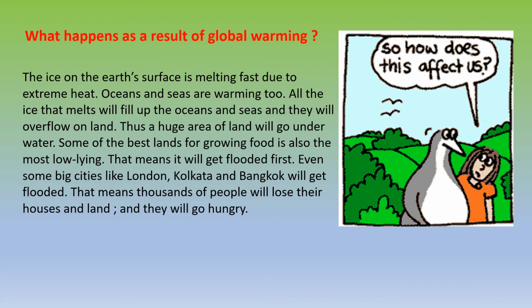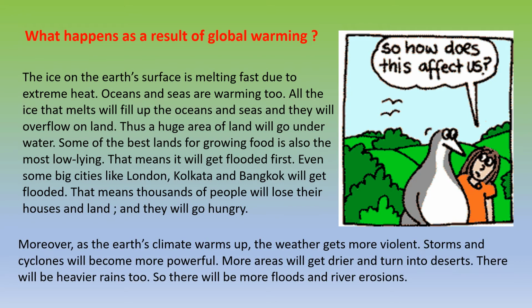Some of the best lands for growing food is also the most low-lying. That means it will also get flooded first. Even some big cities like London, Kolkata and Bangkok will get flooded. That means thousands of people will lose their houses and land and they will go hungry.